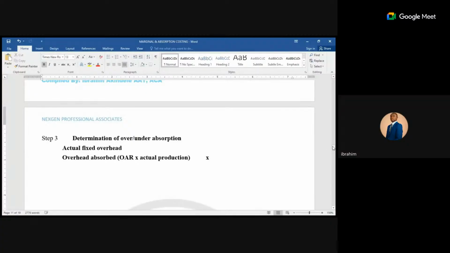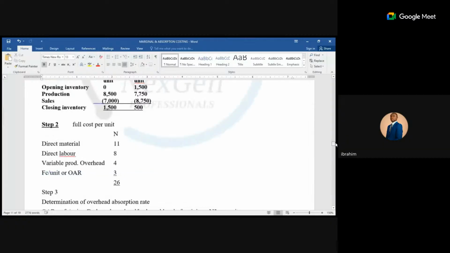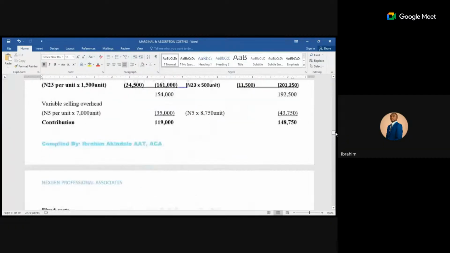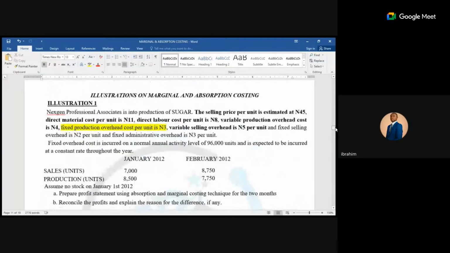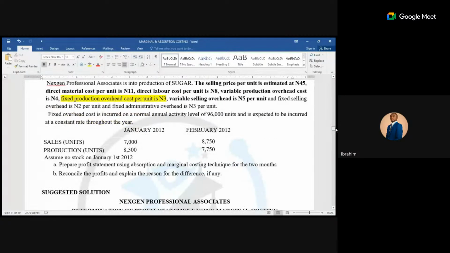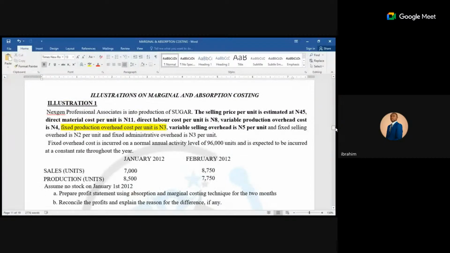Now, class, let's quickly go back to the question. We are looking for actual fixed overhead costs. Actual fixed overhead. Now, class, if you look at this question, are we given anything that has to do with actual fixed overhead costs? Look at it very well.